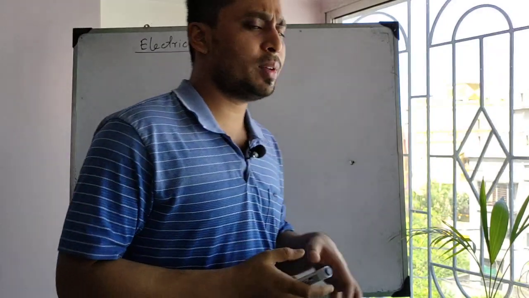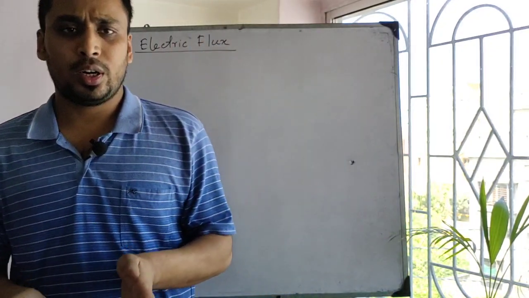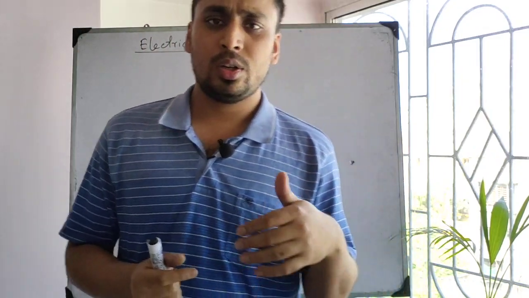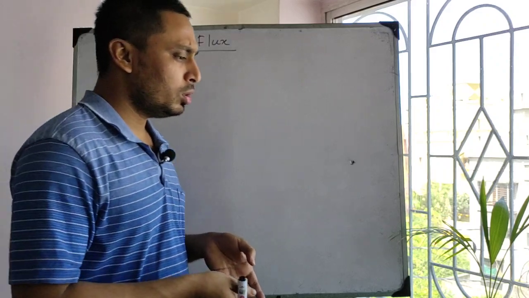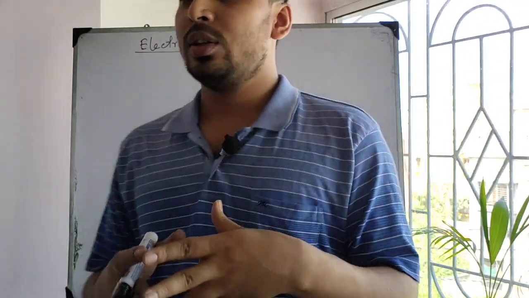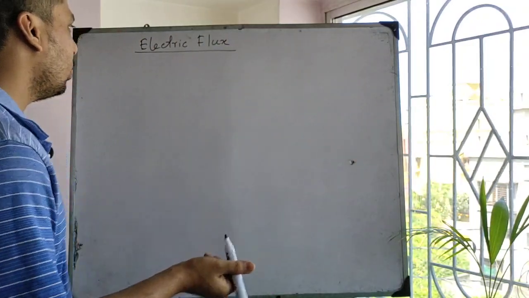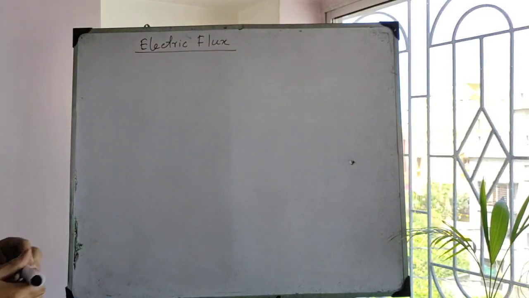Electric flux gives the measure of electric field lines passing through any area. It gives the measurement of electric field lines passing through any area. Okay, so how can one measure the amount of flux passing through any area? So the area should be held perpendicularly to the electric field.